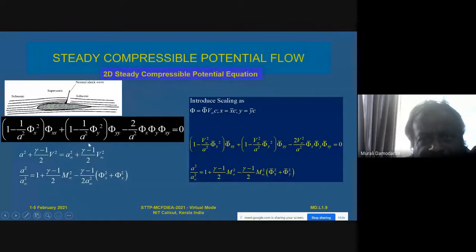So if you're looking at a steady compressible potential flow past an airfoil, I have this potential equation here, and I can introduce a scaling for the potential as follows, and that will drop on like that.